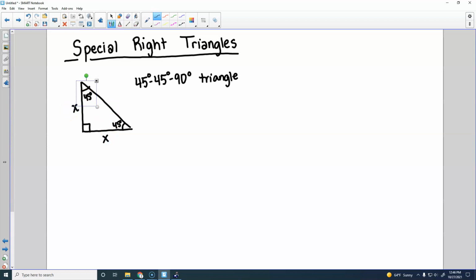You may also see these called isosceles right triangles, because they're going to have two sides that are the same, which is an isosceles triangle.